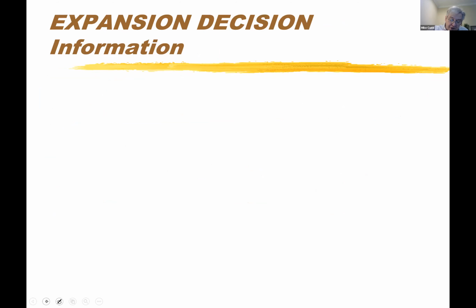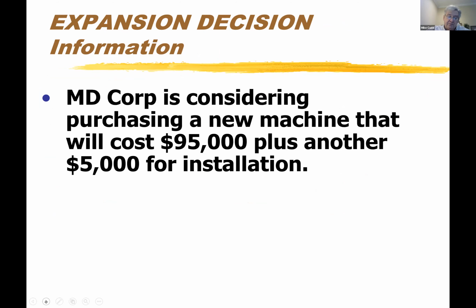So we're looking at a basic expansion decision. For this new project, we need to buy some new machinery that would have a total cost of $100,000 installed.